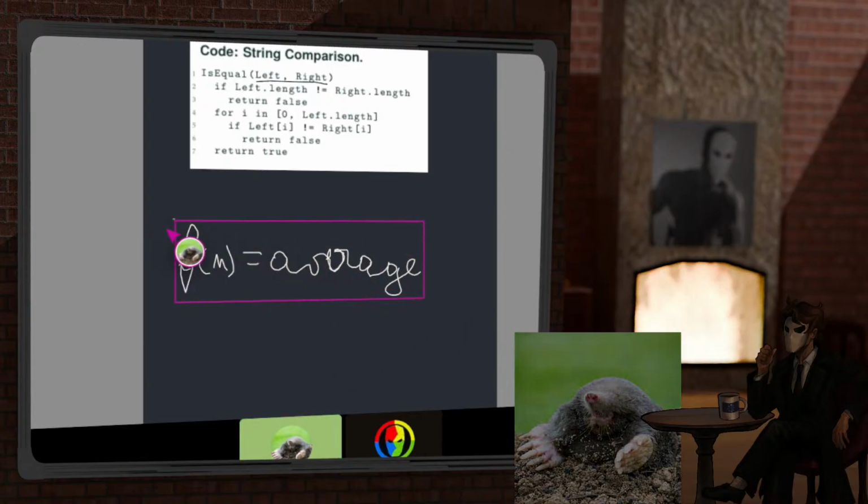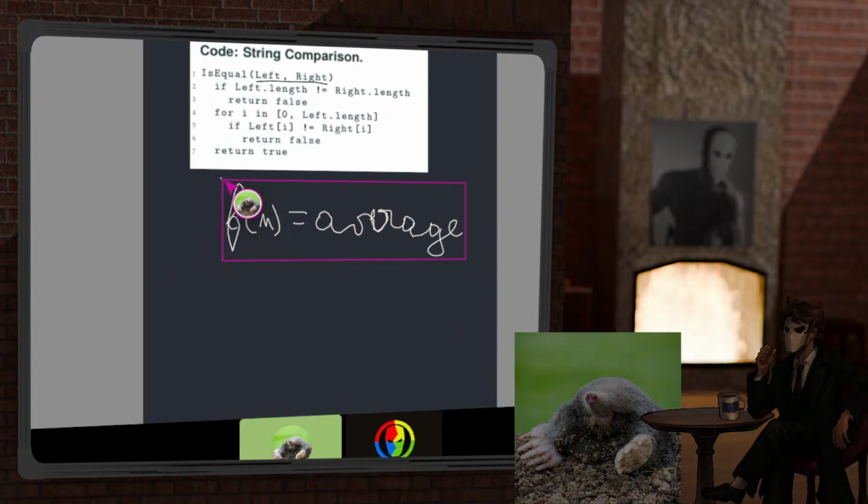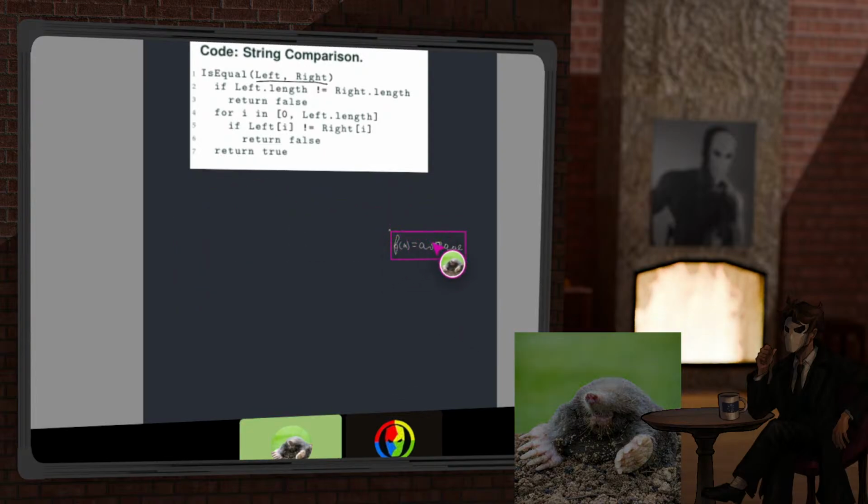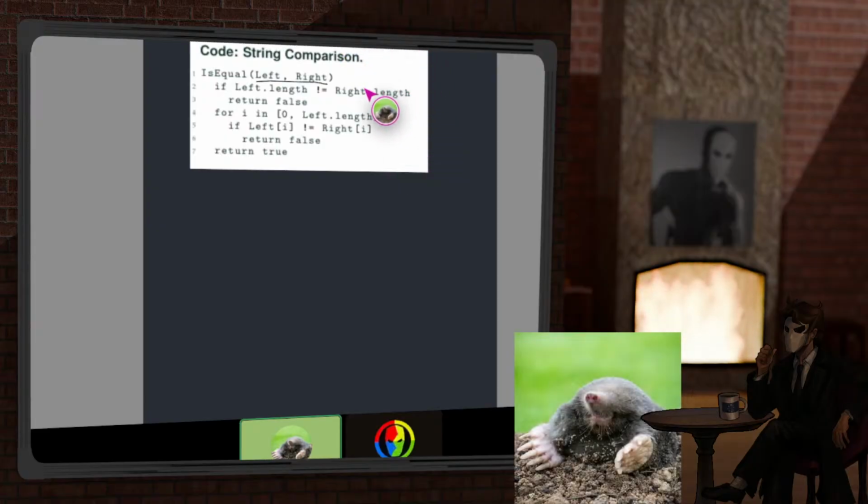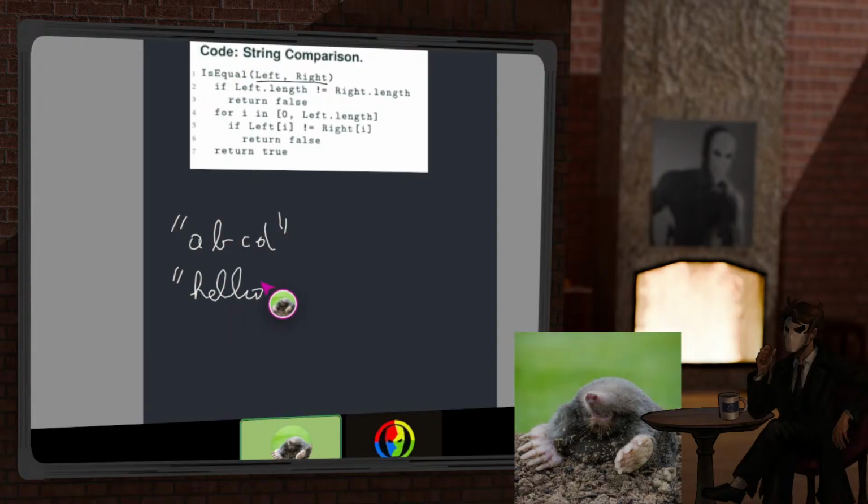An example. Right here, we have a little piece of code to essentially compare two strings. A string is just a sequence of characters like A, B, C, D. And we want to compare it to another string like hello.